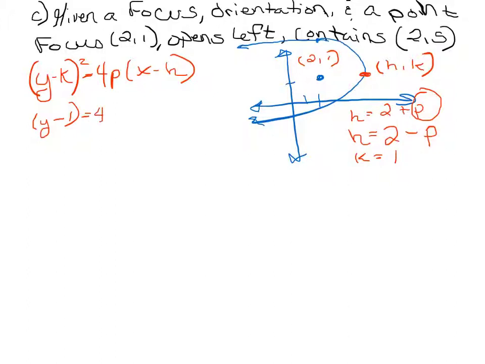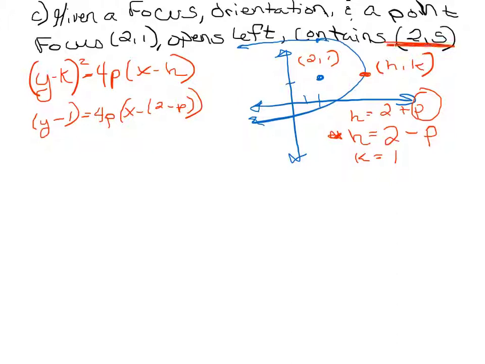I don't know p yet, so 4p times x minus, well, I know that h is 2 minus p. I can't quite yet solve for p, because remember, I need to find my vertex and my p to actually write my equation. So this is just me putting together an equation to hopefully help me find out what p is, which will then help me find out what h is.